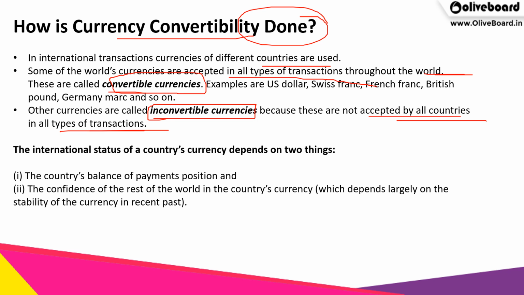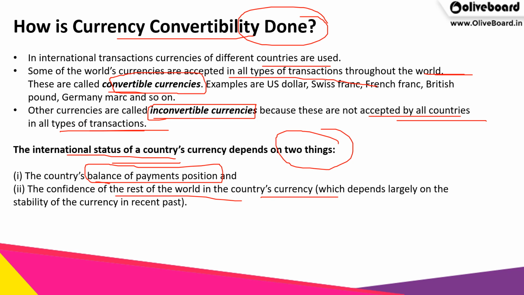So the international status of a currency depends on two things. First is the country's balance of payments position. As we know, balance of payments is the net of all the trade that we are doing with other countries. So whatever the position of our balance of payments is, it has a major role to play in determining the status of our currency and the confidence of the rest of the world in our currency.